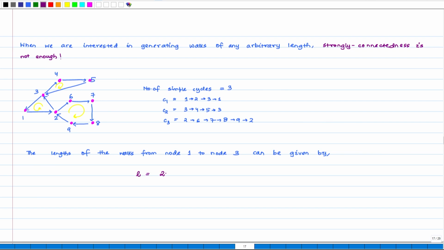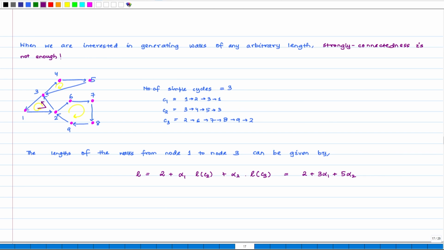L is equal to 2, which is the distance from here to here, plus the length of the cycle C2, plus again the length of the cycle C3, and we know what is the length of C2, it is equal to 3. So we can write L = 2 + 3 alpha 1 + 5 alpha 2. 5 is the length of the cycle C3, and what is alpha 1 and alpha 2?